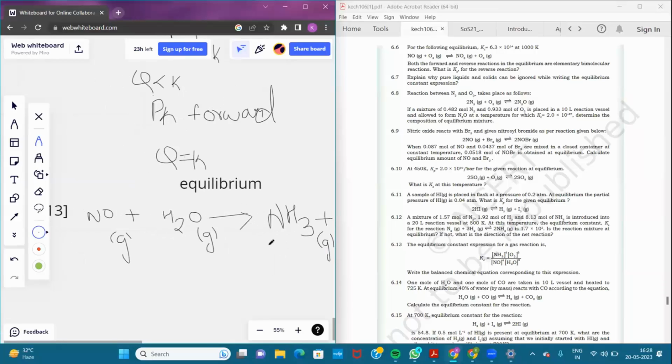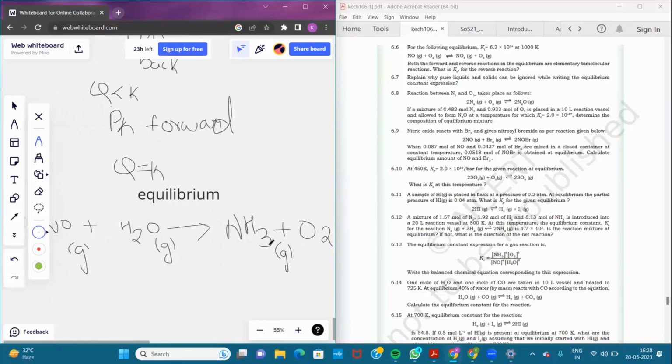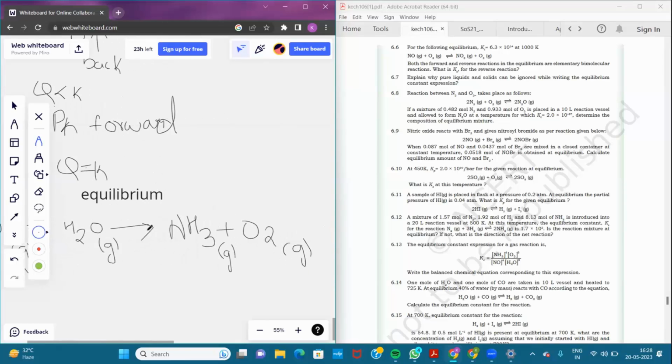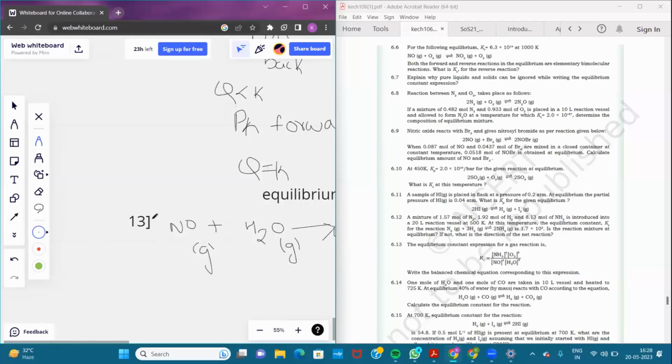Now, we'll write the stoichiometric coefficients as per the powers to their respective reactants or products. Here, the NH3 power is 4, so the stoichiometric coefficient is 4. And the power is 5 for O2, so we'll write the stoichiometric coefficient as 5. Here, the stoichiometric coefficient is 4.